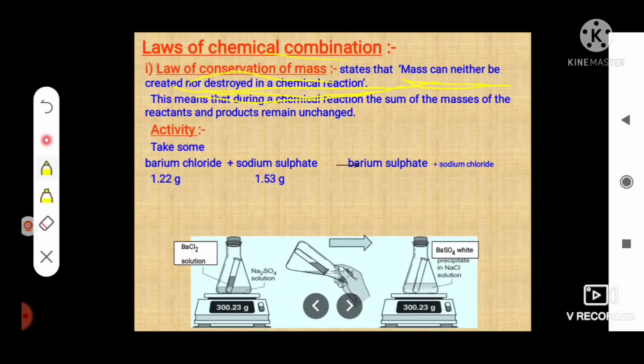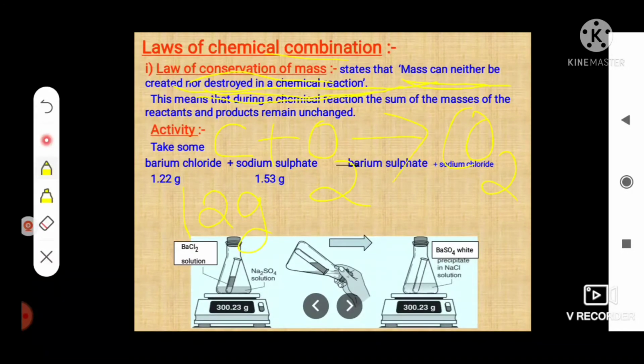For example, let us consider a reaction: carbon plus oxygen gives carbon dioxide. The mass of carbon is 12 gram.